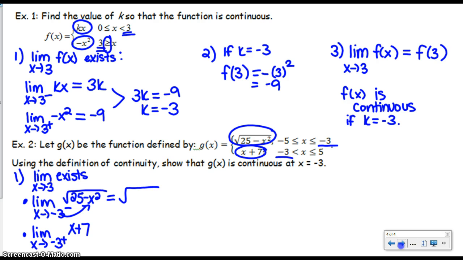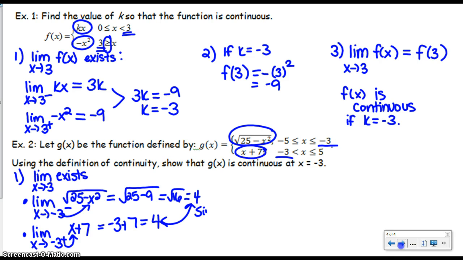So this gives us square root of 25 minus 9, which is just square root of 16, which is 4. And for this one, we're going to plug in the negative 3. Negative 3 plus 7, again, is 4. So the definition of a limit is if the left and right-hand limits are equal to each other, then the overall limit is equal to that number.